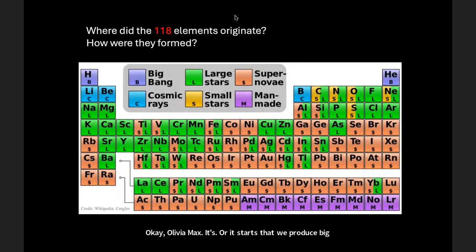But only in recent years did we get another color, the violet or purple, which is the man-made elements. These elements are only here on Earth because we have produced them, right? So we are contributing to this.